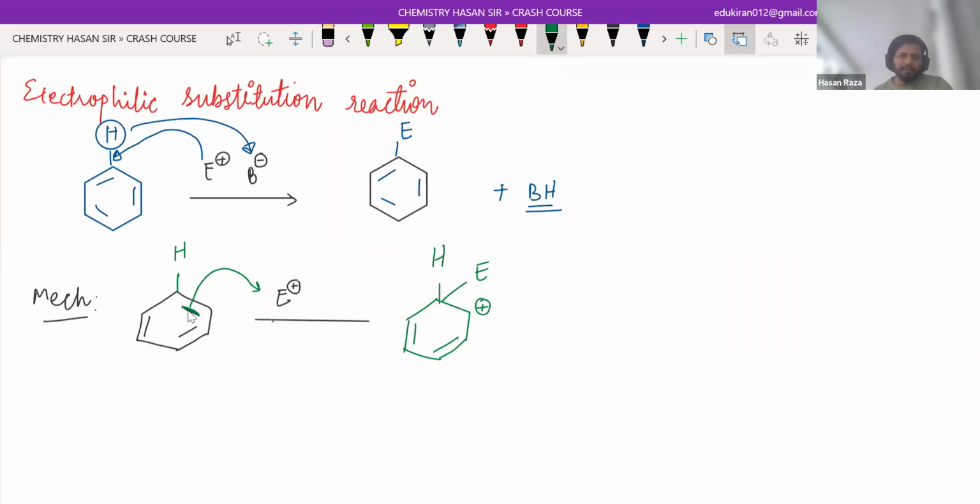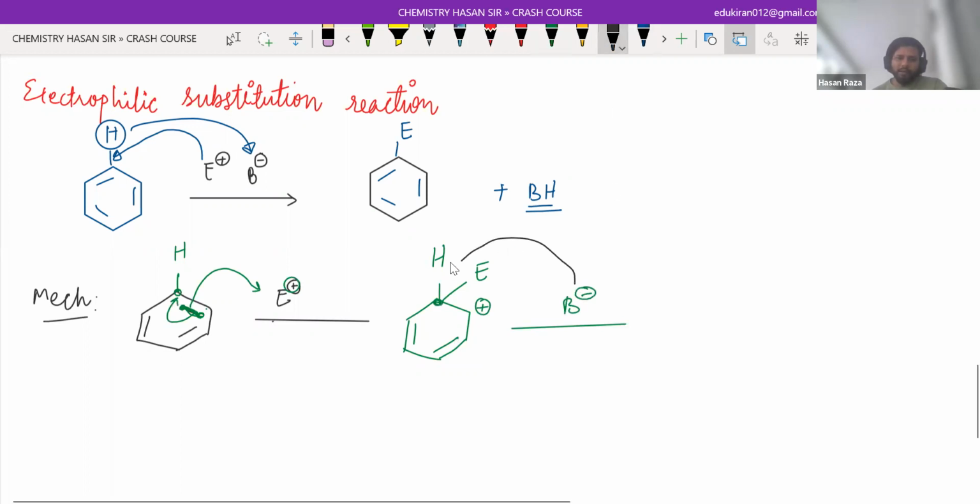Basically, the bond is heterolytically cleaved. That means it has two electrons, and this carbon will take both electrons like this. So there is a negative charge. This electrophile will go to this carbon, and there is a positive charge on this. Now, what will happen here? In the second step, the base will come and attack that hydrogen, and this hydrogen's carbon bond will be converted into a double bond.